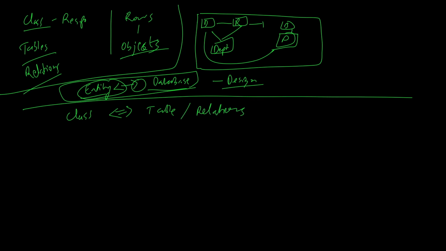Okay, so if we talk about the banking system, there'll be a table called bank, which will have a relation, has, with a weak entity, right? This is a total participation, a weak entity, that is branch.